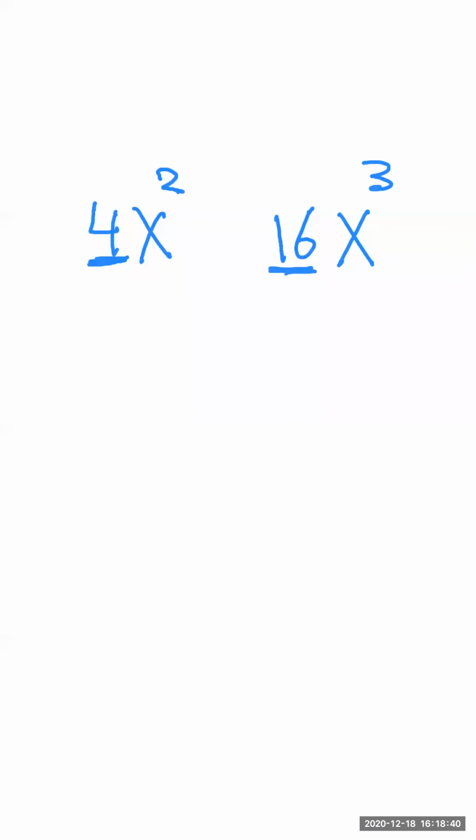If there is 4x squared and 16x power 3, for the highest common factor, first I have to check the two numbers, 16 and 4. What is the number that both of them are divisible by? Actually, it will be 4.